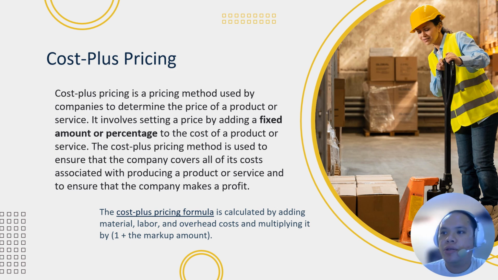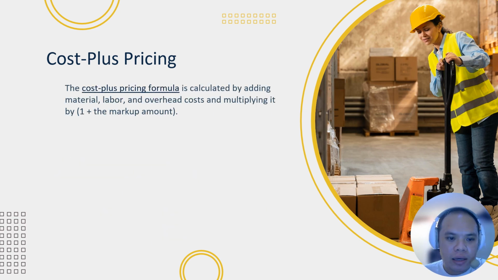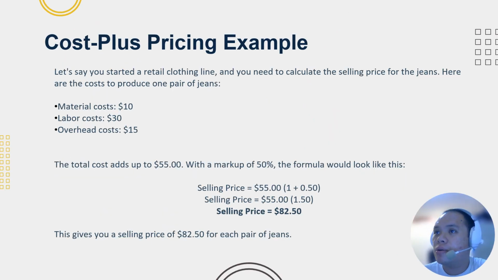The cost plus pricing formula is calculated by adding material, labor, and overhead cost and multiplying it by 1 plus the markup amount. We have an example of cost plus pricing here. Let's say you started a retail clothing line and you need to calculate the selling price for the jeans. Here are the costs to produce one pair of jeans.